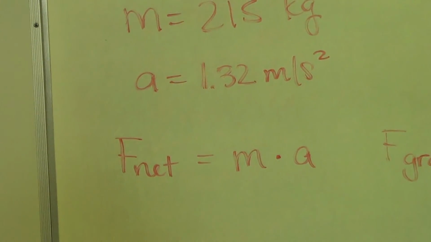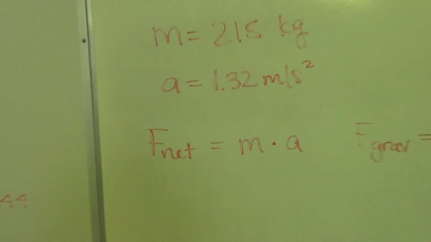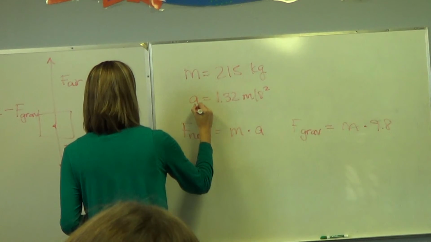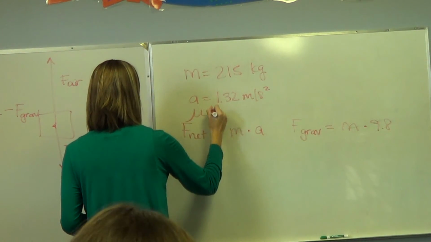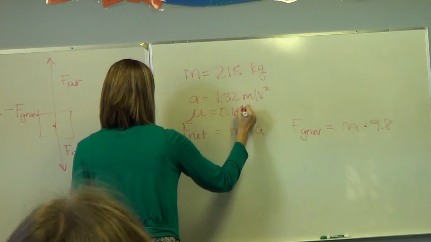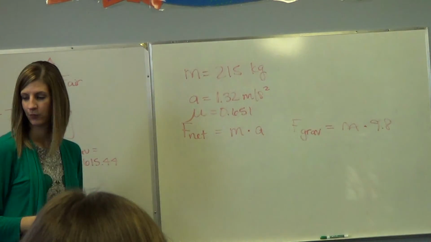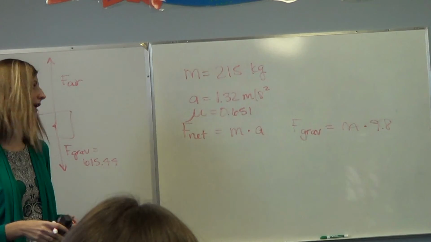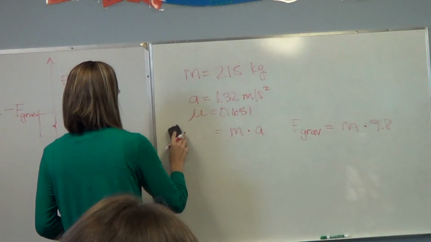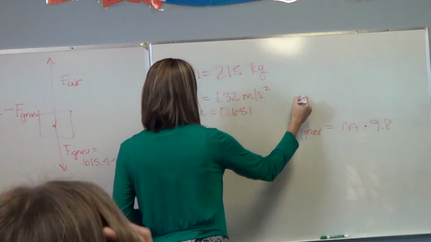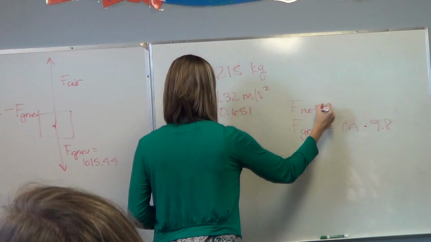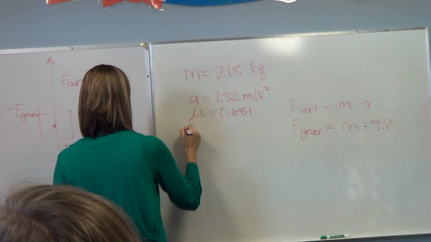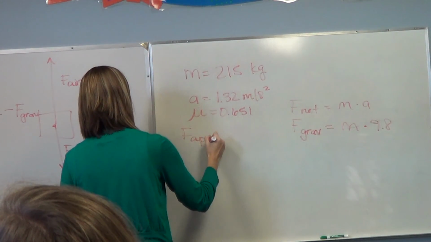The coefficient of friction between the desk and the stage is 0.651. That's the mu, which is unitless. Determine the force applied to the desk. So you're trying to find the applied force.